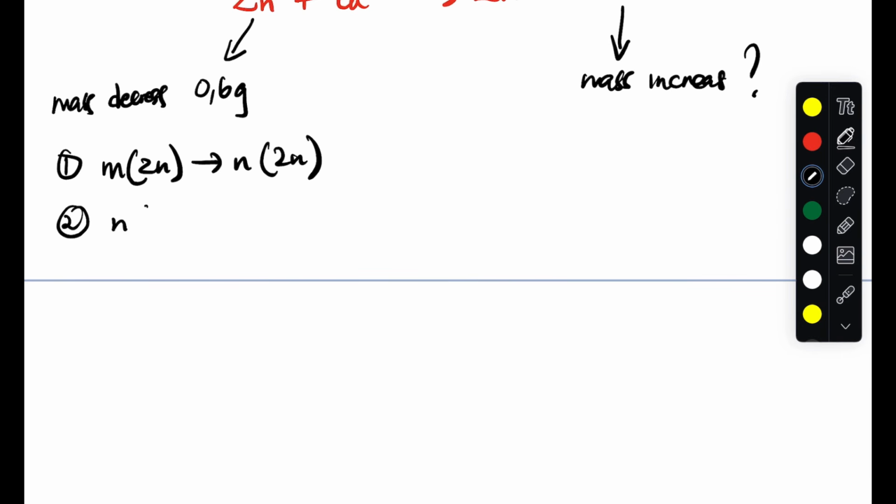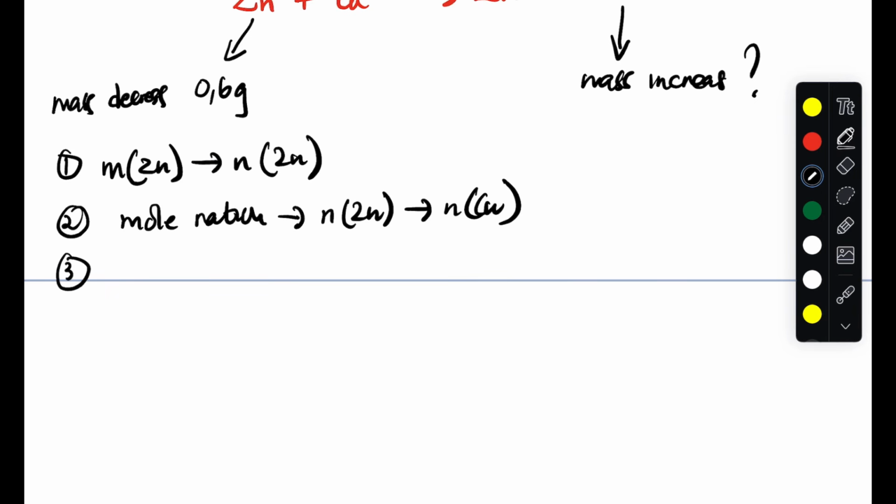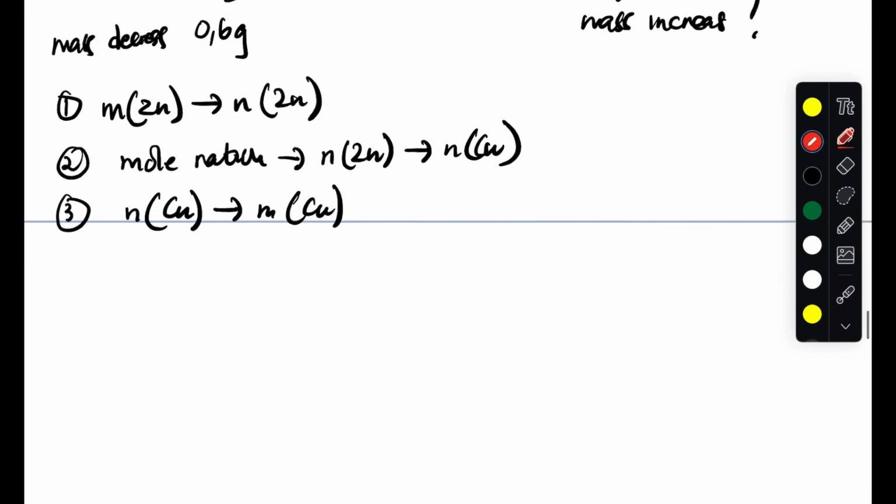Step number 2, I'm going to do the mole ratio, which changes the number of moles of zinc from step 1 to the number of moles of copper. Then, having the number of moles of copper, I will change it into the mass of copper. That means I know the mass change of copper. Now let's do step 1.